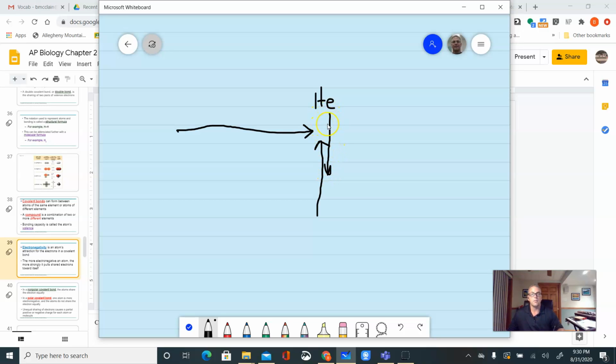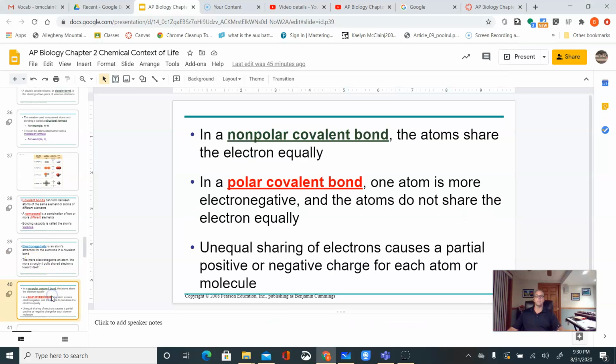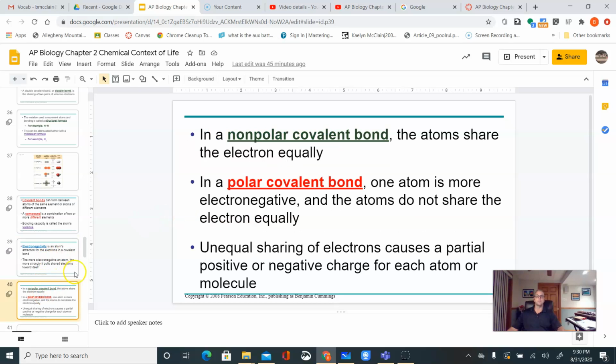So what I'm talking about is you're looking at elements such as fluorine and chlorine. They are going to be very, very aggressive at taking electrons. And we're going to talk a little bit about some of the properties that they have as a result of that. All right. So electronegativity is how aggressively something's pulling on the electrons.